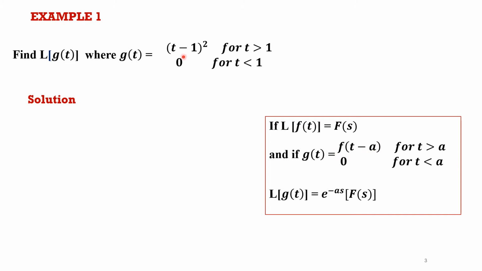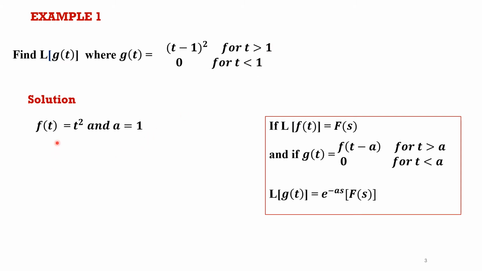In the same way, if I remove minus 1 from here, I will get f of t as t square. So we have f of t as t square and a is equal to 1.